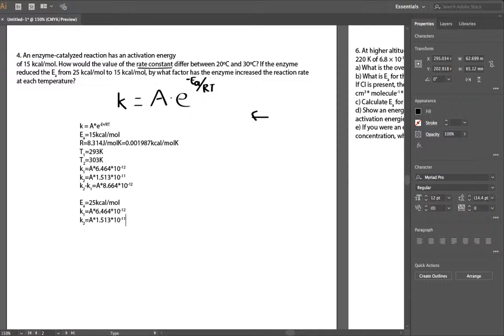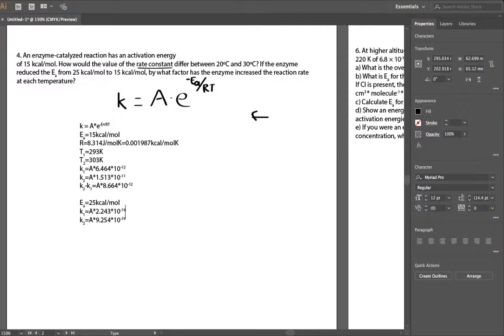We got ourselves, for K2, negative 19. That's the constant, multiply that by 9.254. And for K1, multiplying that by 2.83, that would be 2.243 times 10 to the power of negative 19.